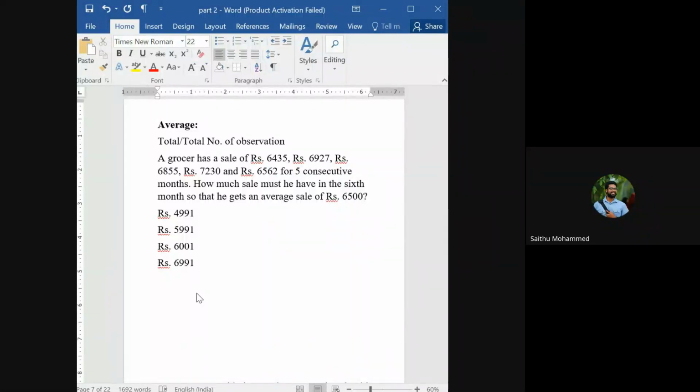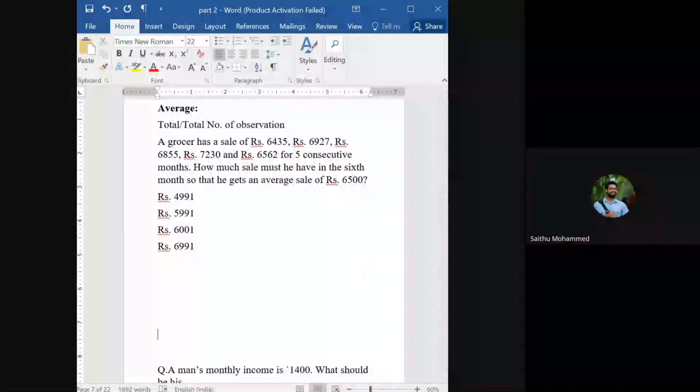A grocer has a sale of rupees 6,435, and then 6,925, then 6,855, again 7,230, and 6,562 for 5 consecutive months. How much sale must he have in the 6th month is the question.